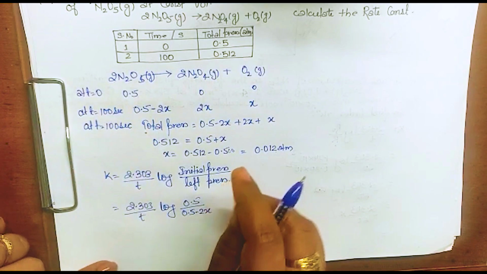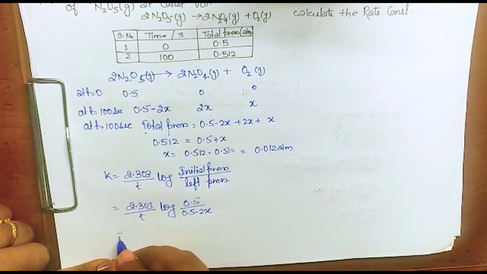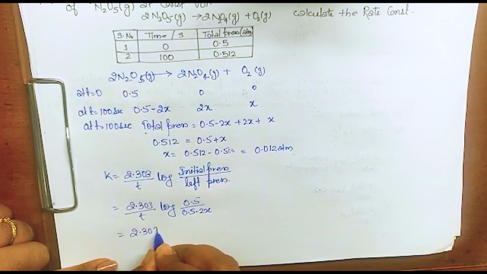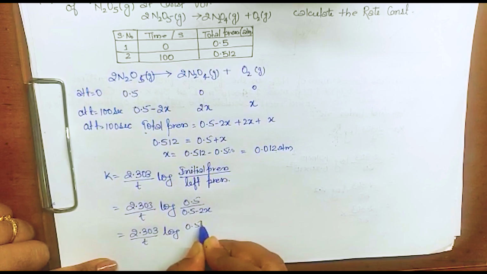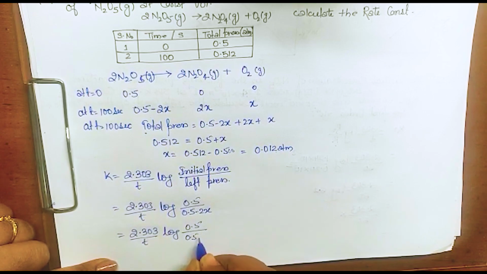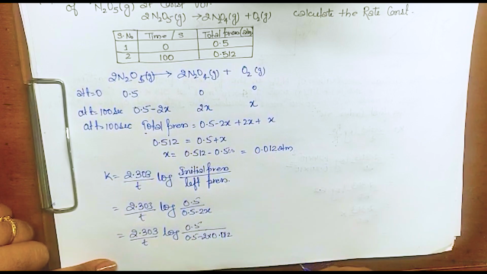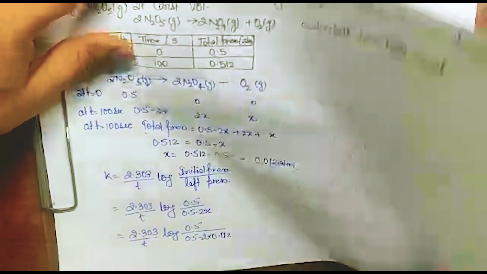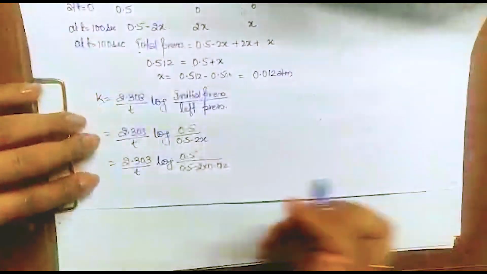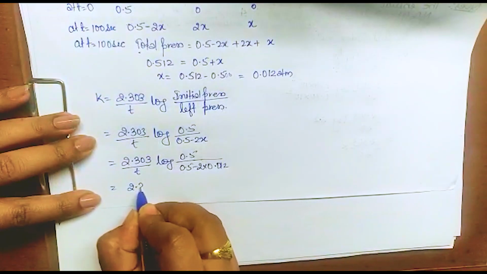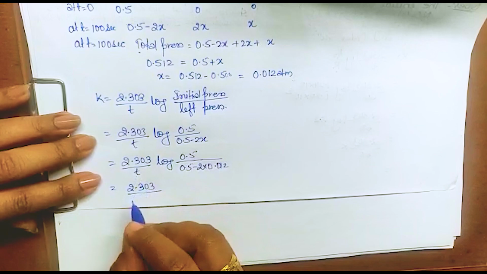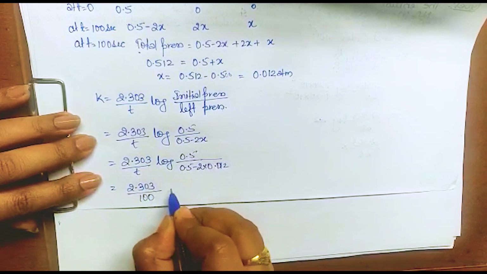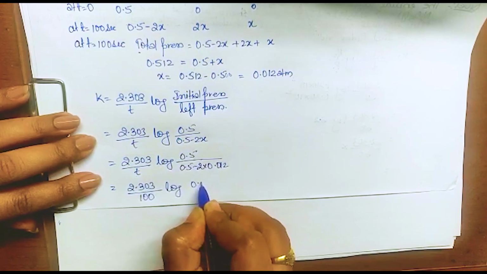Now you have the value of x, so put in the values: 2.303 upon t, log of 0.5 upon 0.5 minus 2 into 0.012. Once you solve, you will get 2.303 upon t, which is 100 seconds, log 0.5 upon 0.476.